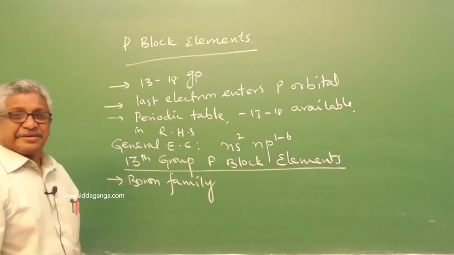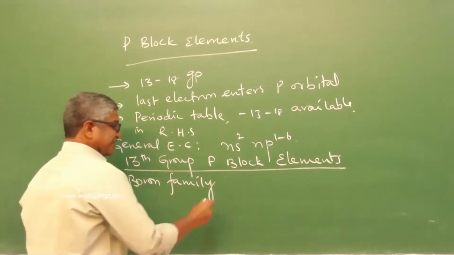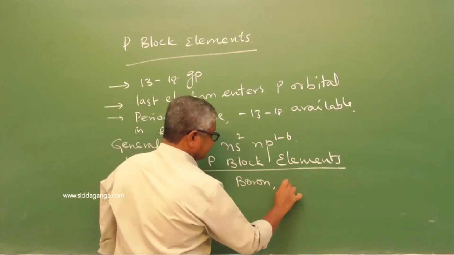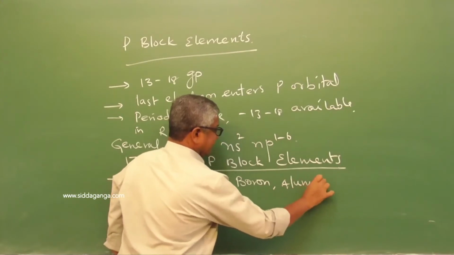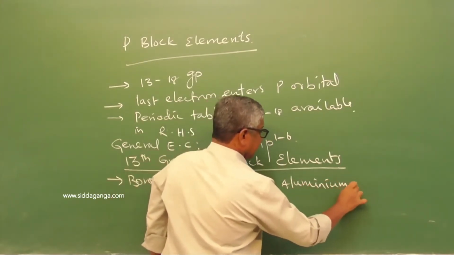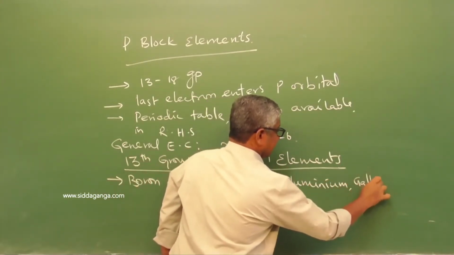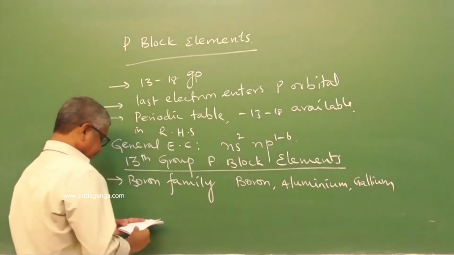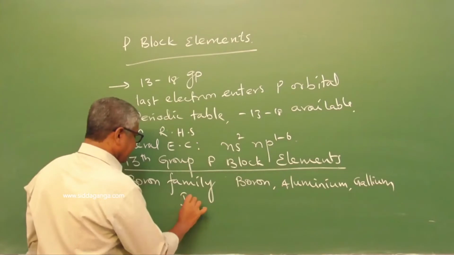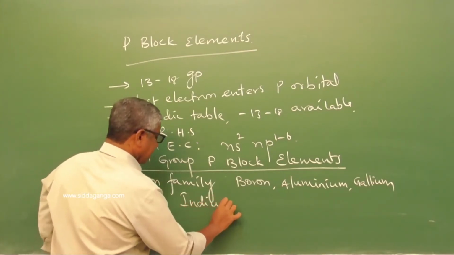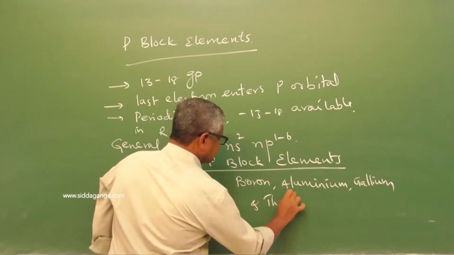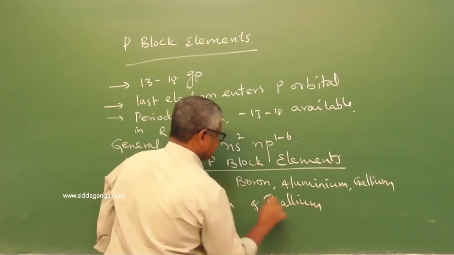Five elements are available: boron, aluminium, gallium, indium and thallium.